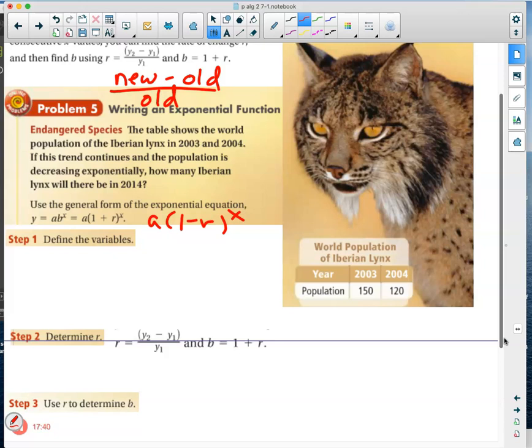As I've looked up the research, because I know there's lots of animal lovers out there just like me, what happened was they had sprayed the countryside of Spain and Portugal with weed killers and things like that, and it killed off all the rabbits. Well, what do you suppose an Iberian lynx eats? Rabbits. So many of the Iberian lynx had died of starvation.